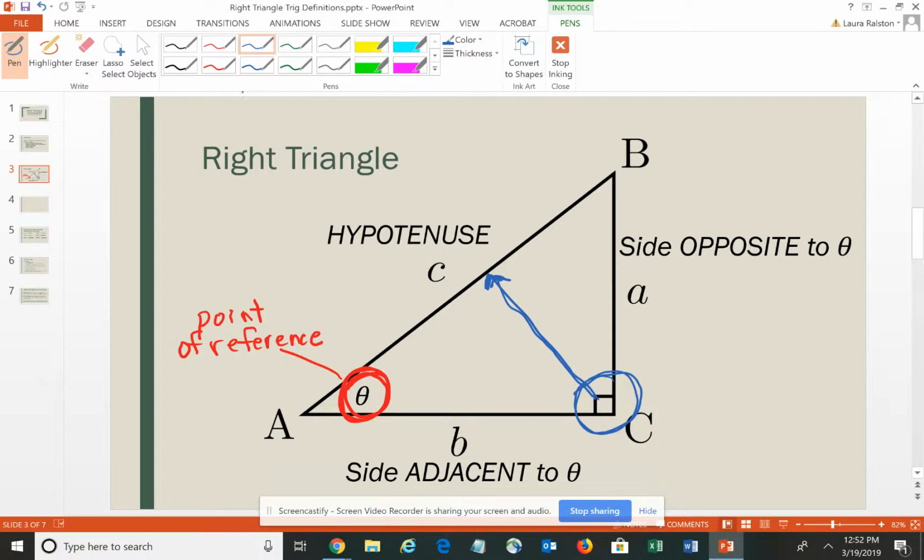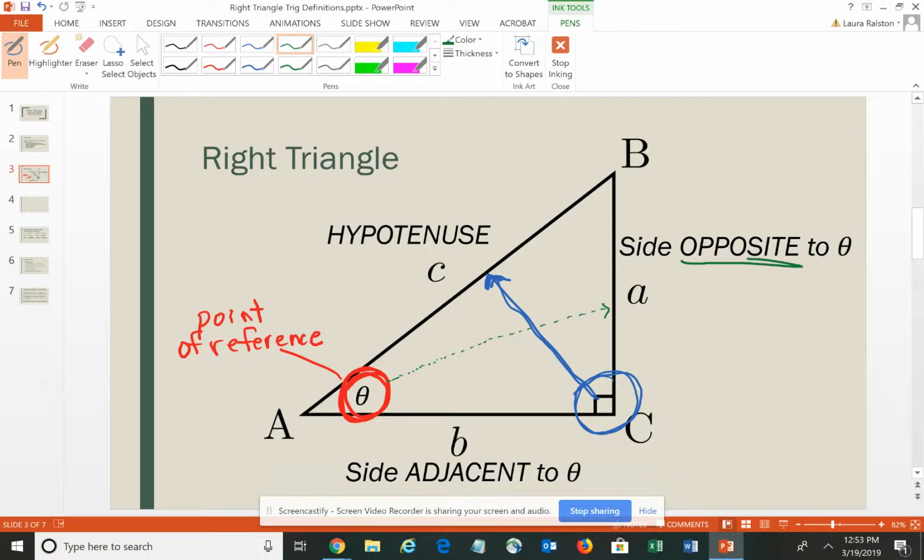The legs or the sides of the triangle are named in reference to your angle or your point of reference, which in this case is angle theta. If you look across or opposite from angle theta, you have the side opposite to that angle. So this is the side opposite.